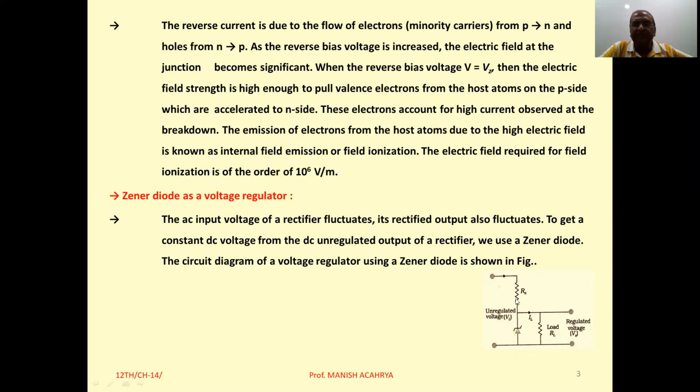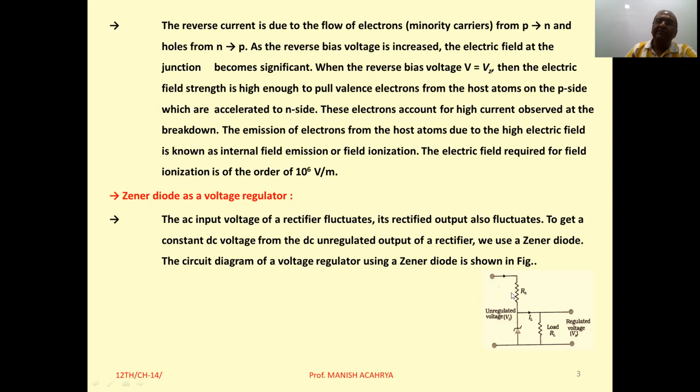Current will increase, and now IL will flow through the load resistance such that across RL we will get output 6 volt, and the rest part of the current will flow through resistance RS, so that current into RS will be equal to 1 volt, and total between these two terminals, across Zener 6 volt, across RS 1 volt, and total we will get 7 volt.